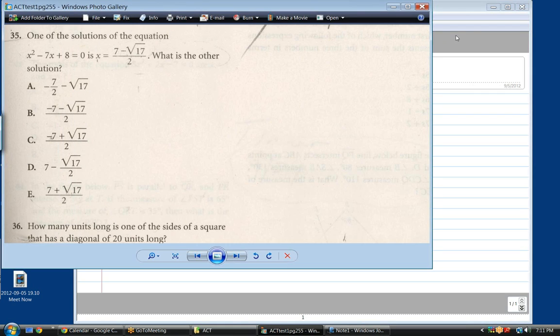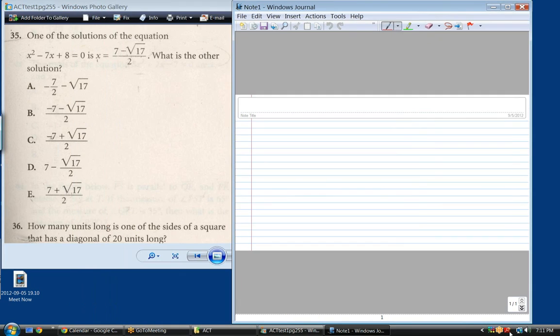All right. Let's look at this problem right here. Now, whenever you see a solution that looks like this, does that remind you of anything?